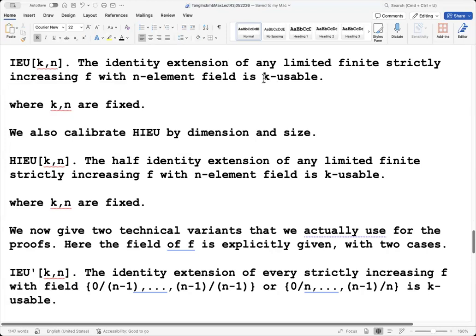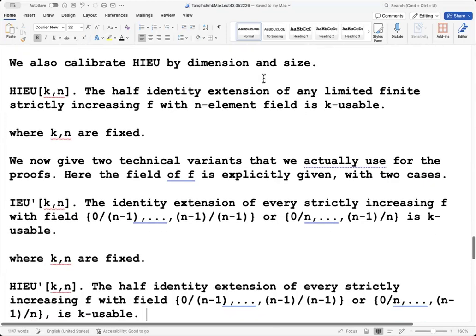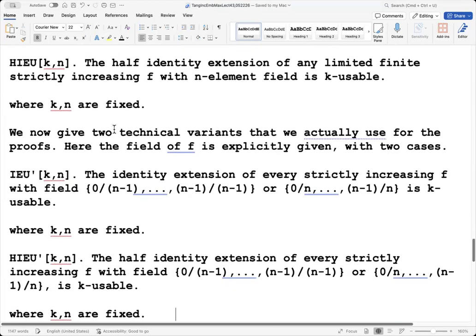We now give two technical variants that we actually use. We sort of normalize things. It helps with the notation. It's nicer. I force them to be limited and things like that. So the identity extension of every strictly increasing F with field of one of two different arithmetic progressions, one of which falls short of one, is K usable.